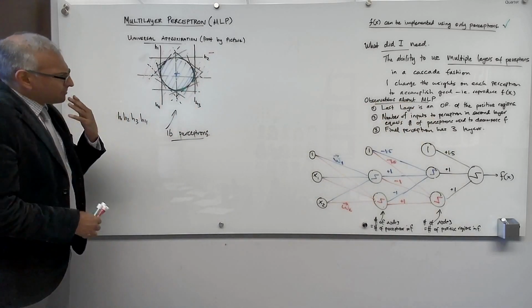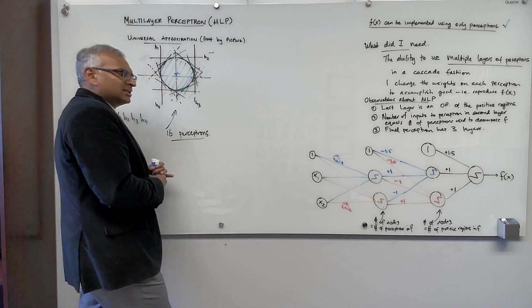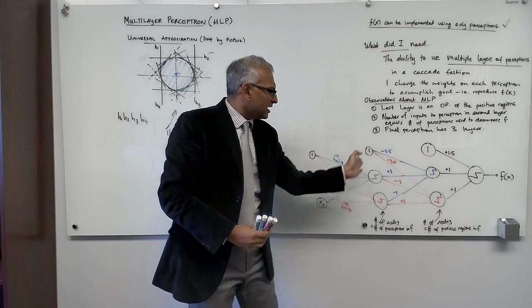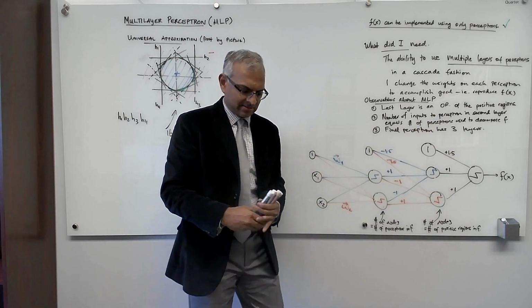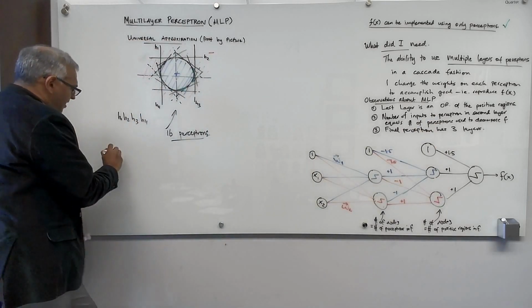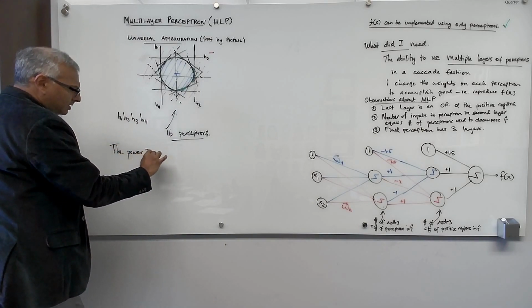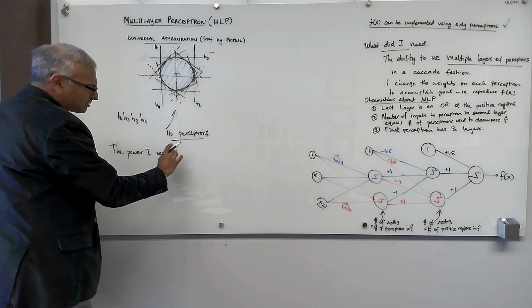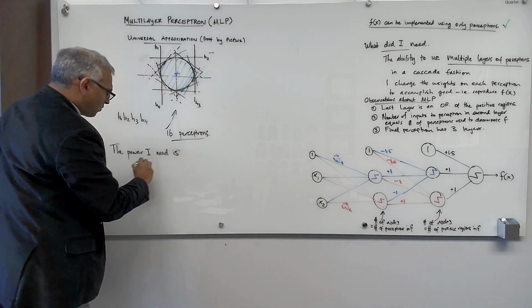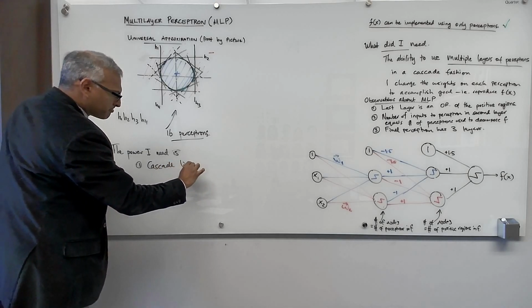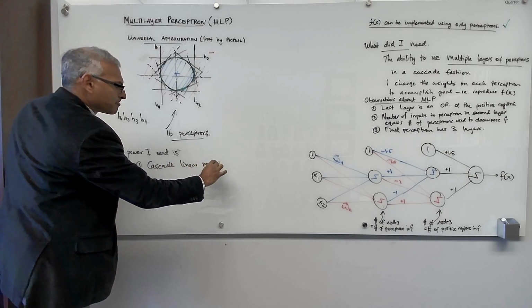And basically, what is the power that I need? I need the power to cascade linear perceptrons and then pick whatever weights I want on the edges. So what's the power I need? I need is to cascade linear perceptrons.